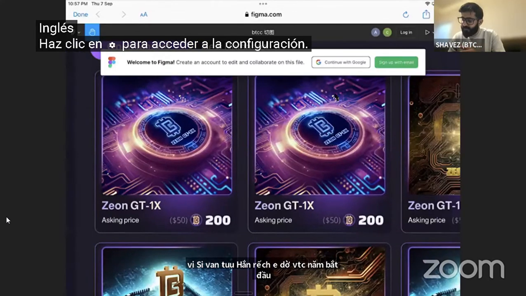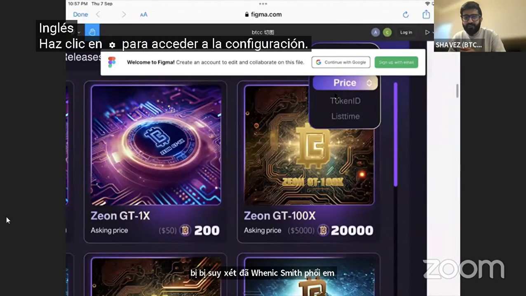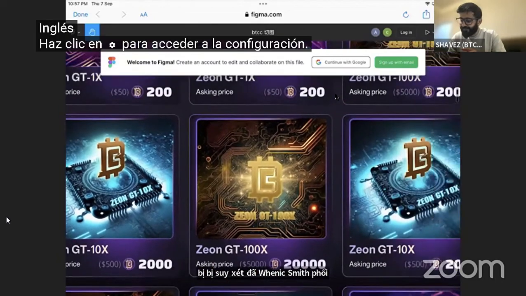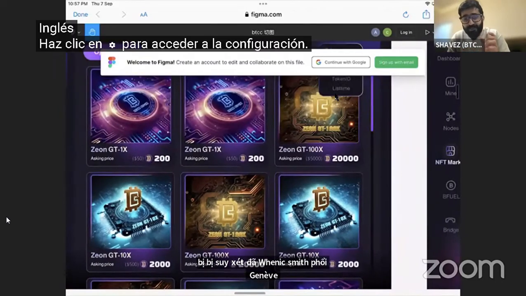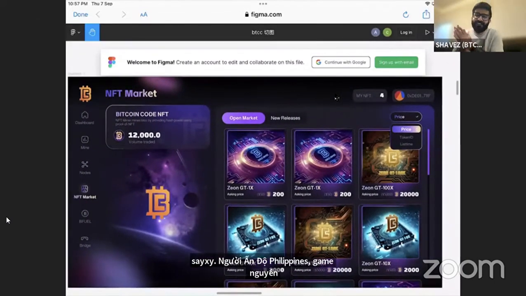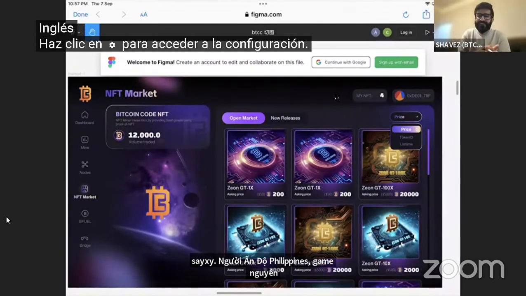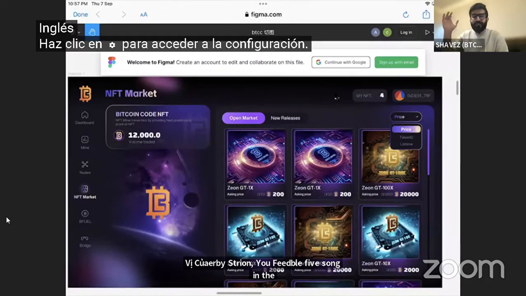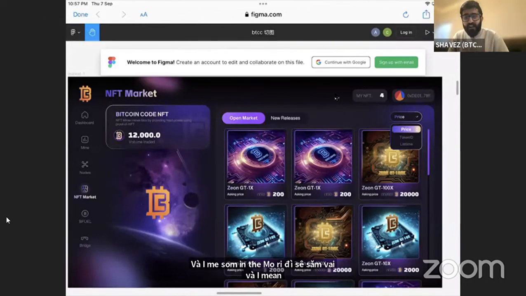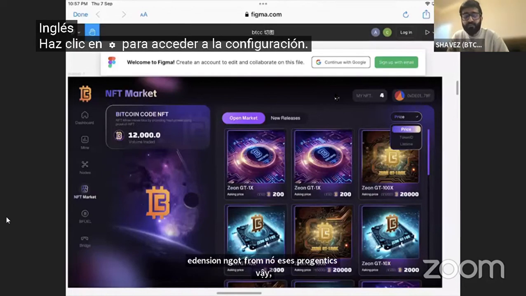And then 100x, 20,000 BTCC, 10x, 2000 BTCC. Right. So the flipping game will be strong. You know, people will buy some in the morning, sell some by the evening. Because see, this is a real product, right?